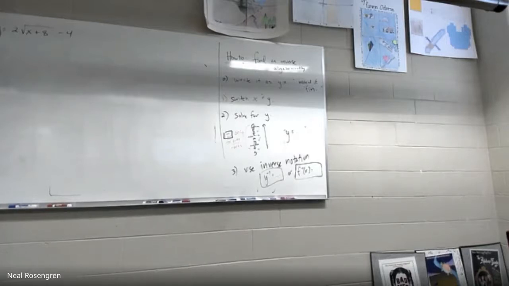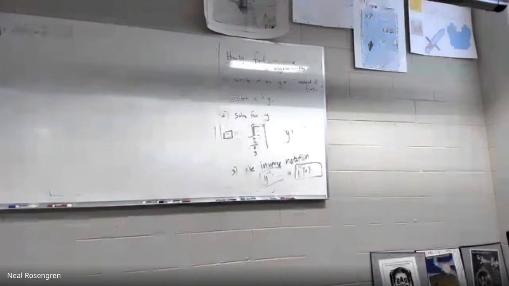Where's the square root? It's on the front. It's a little harder to find. You don't have to search for it in folder.